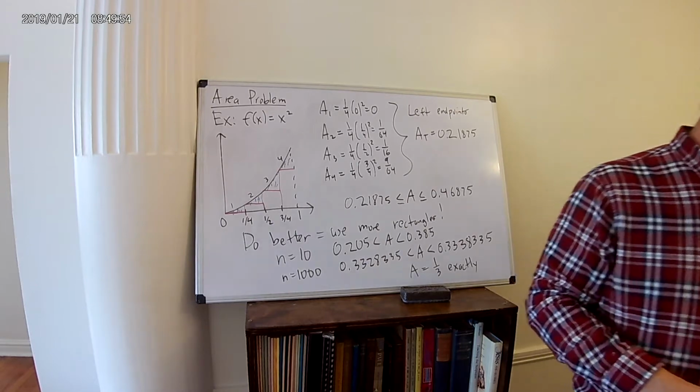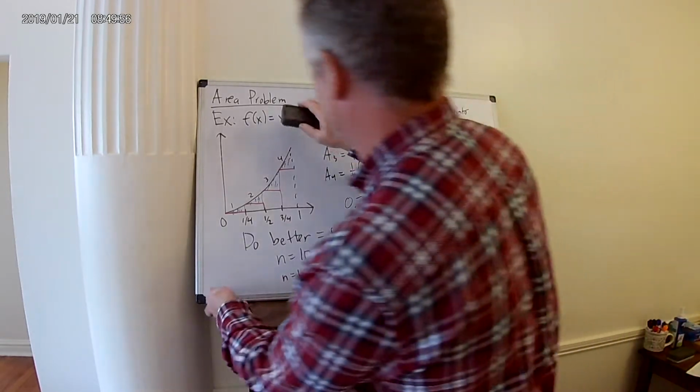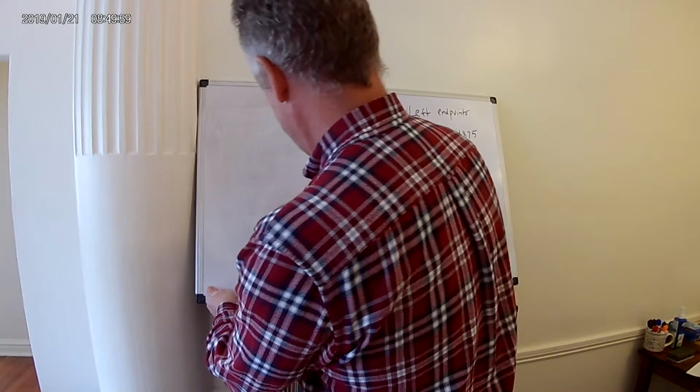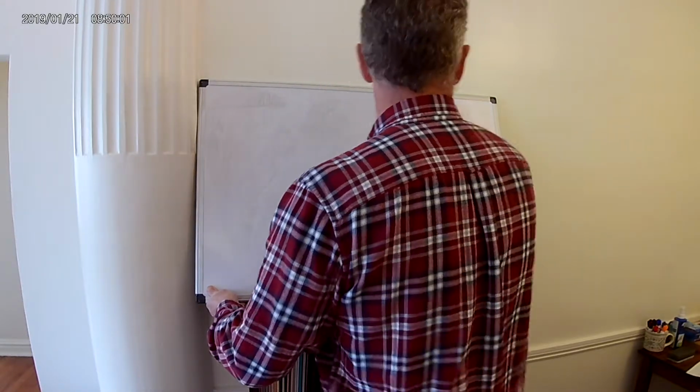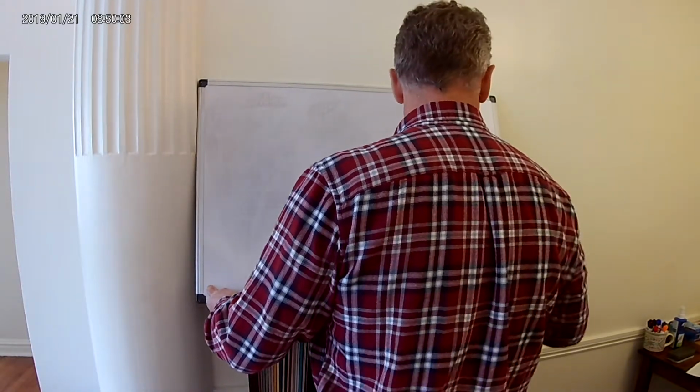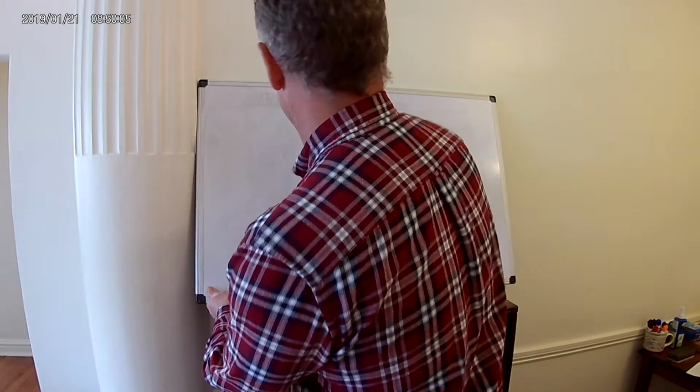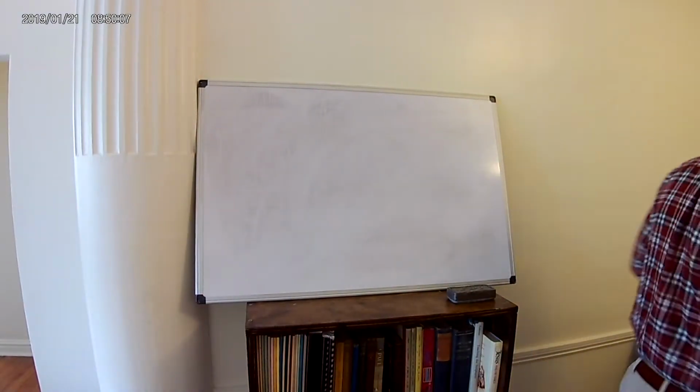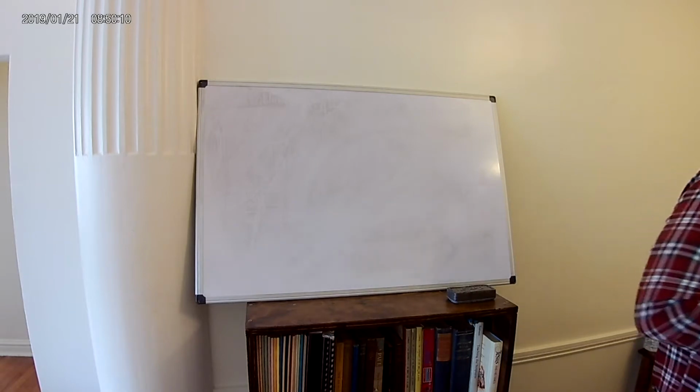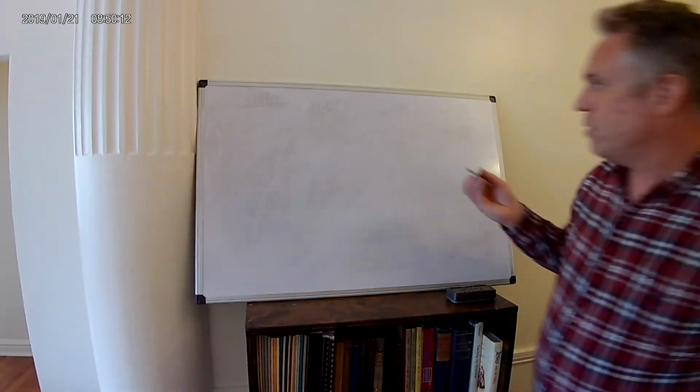Okay, I want to make this a little more general, so we're going to step out of this specific example. And this board is not erasing fully, and I'm not sure why that is, but it's getting clean enough for our purposes. So what I want to do is consider a more general example.